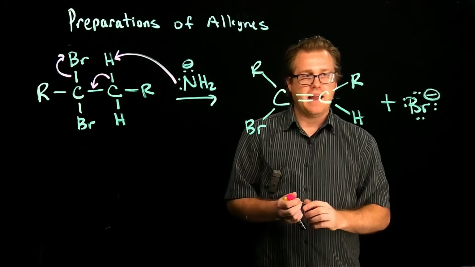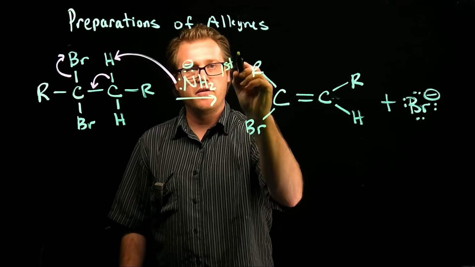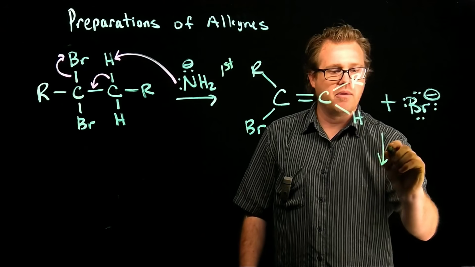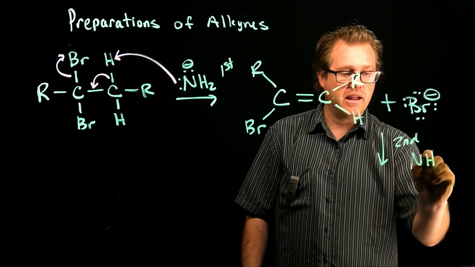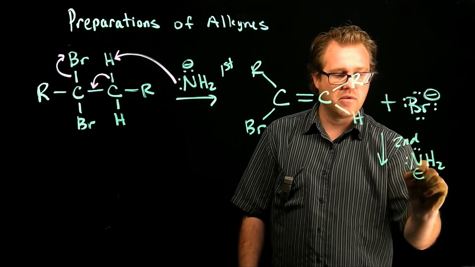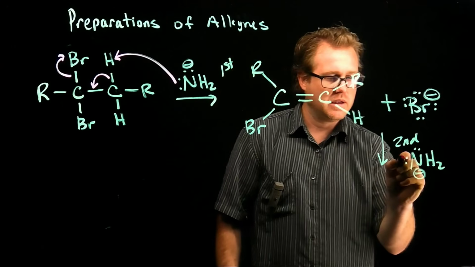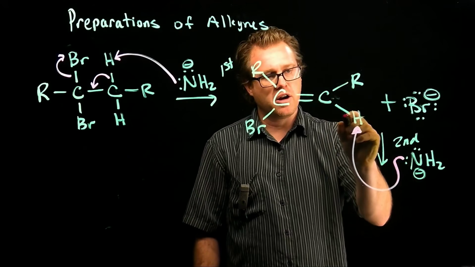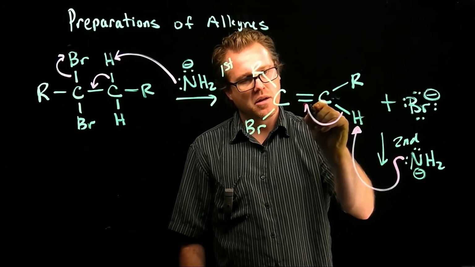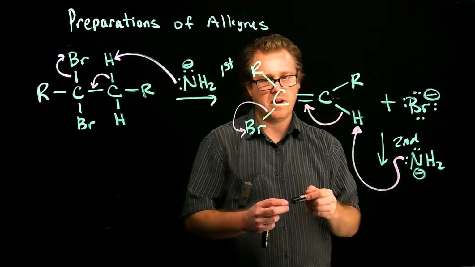And then we're going to take a second equivalent. So that's the first equivalent. Then we will have a second equivalent of sodium amide in our reaction. And we're going to take that second one and come in and abstract that proton, break the carbon-hydrogen bond, go like that, and then kick off the bromine.